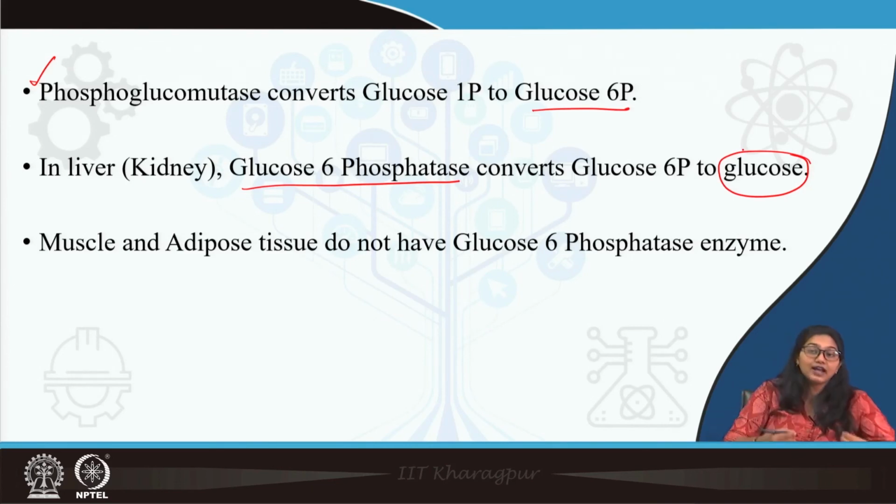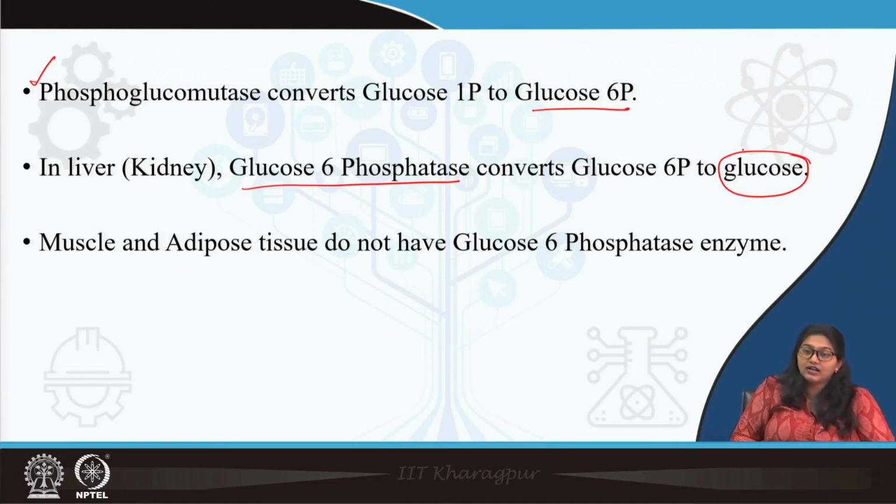So, to remind, in skeletal muscle glycogenolysis provides energy to continue contraction, which needs a huge amount of ATP.